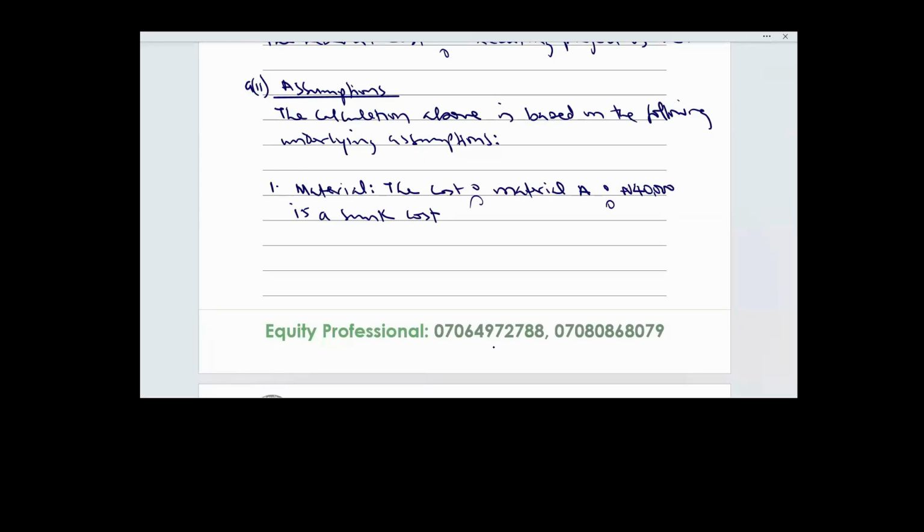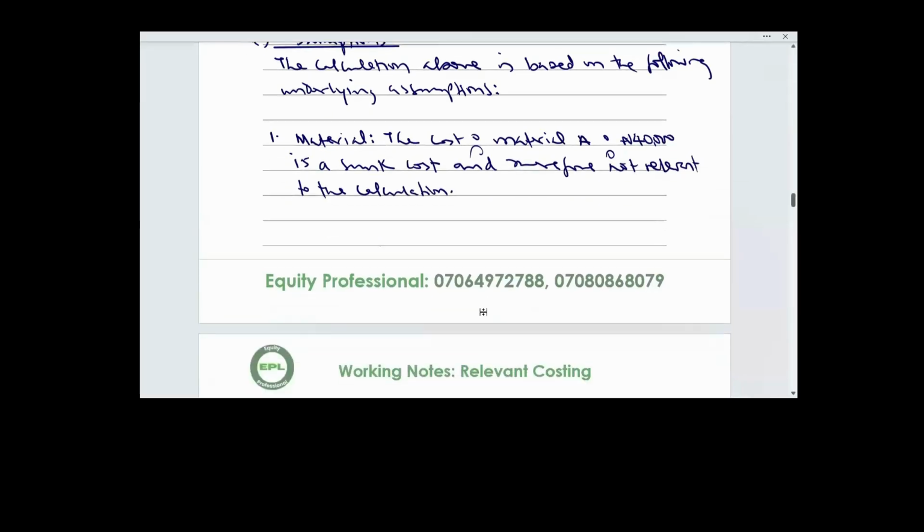So it's a sunk cost. That's a past cost. The cost of material A of 40,000 naira is a sunk cost and therefore not relevant to the calculation.